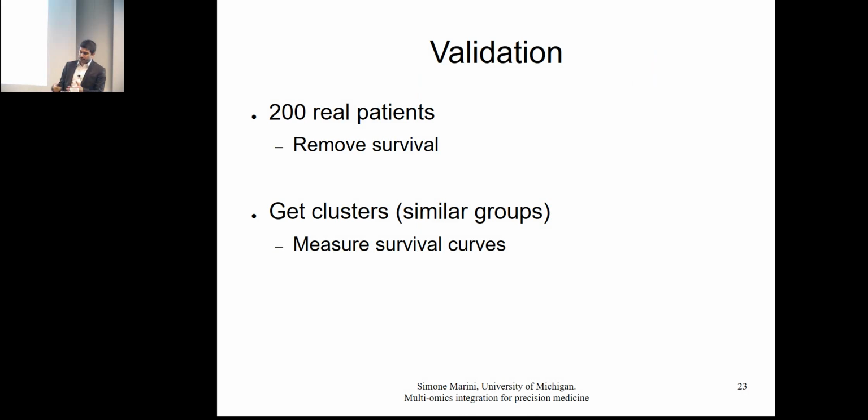But another way to show that the clustering makes sense is to do the clustering and then use some information that was not included in the clustering process to validate the clusters. So, to put it simple, in this data we don't have information about the treatment, okay, for this patient. But we have information about their survival.